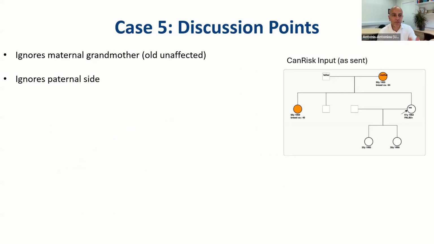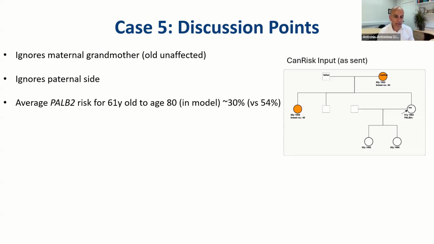So here again there's the same issue. I'll not elaborate too much that some of the unaffected relatives were not input. Now, if you take the average risk of a PALB2 carrier who is 61 years old to age 80, it will be 30% in this case, compared to 54% that you get from CanRisk.